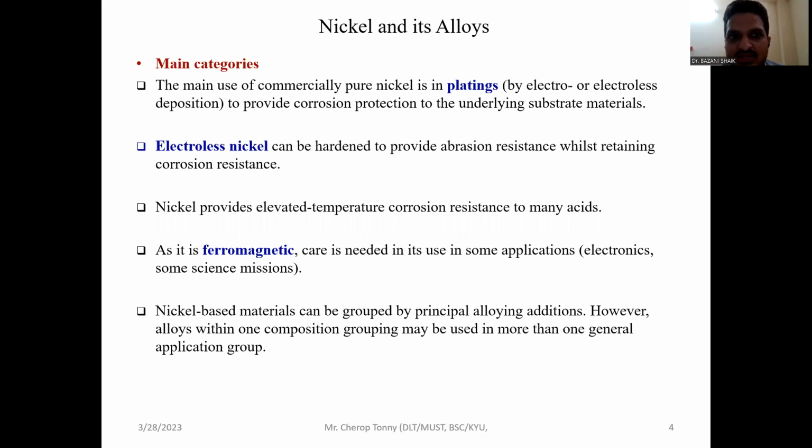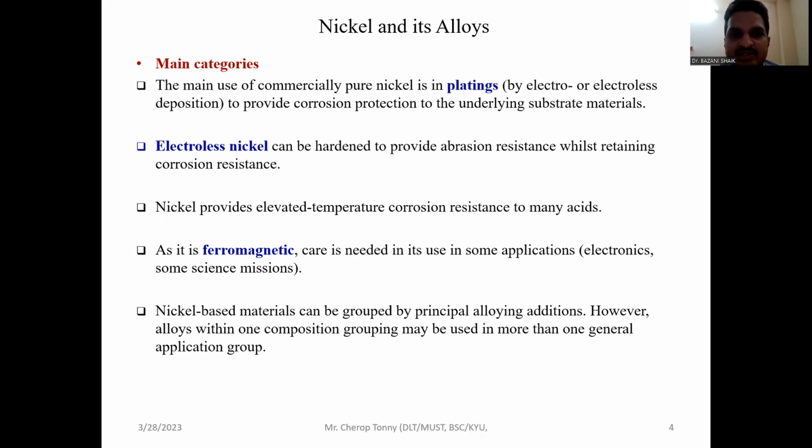Electroless nickel can be hardened to provide abrasion resistance while retaining corrosion resistance. Nickel provides elevated temperature corrosion resistance to many acids. It is ferromagnetic, so care is needed in its use in some applications, such as electronics and some science missions.